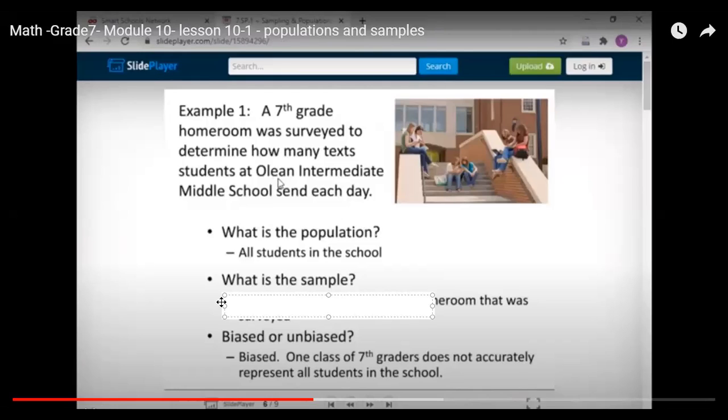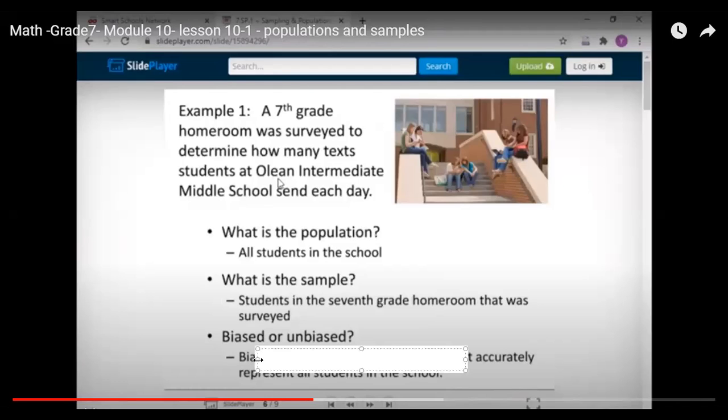The students in 7th grade, the seventh grade homeroom. Very good. Is it biased or unbiased? It will be biased because it's one grade only from the whole school.